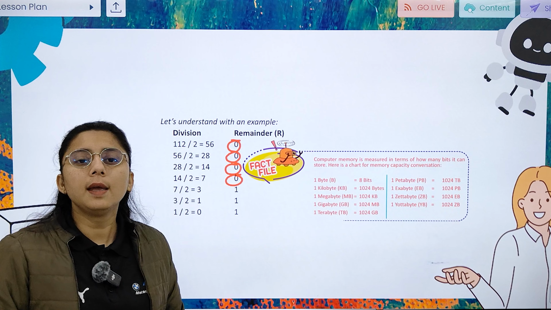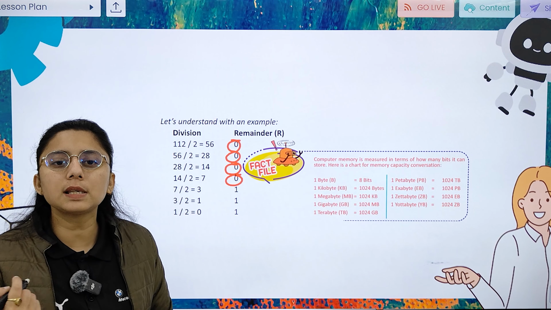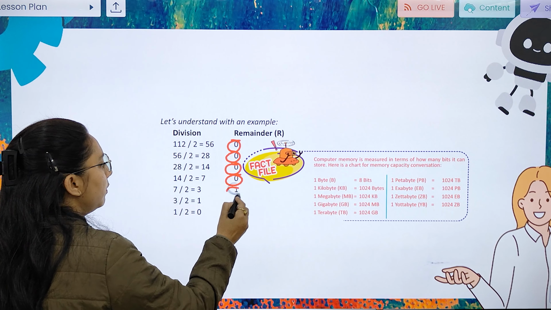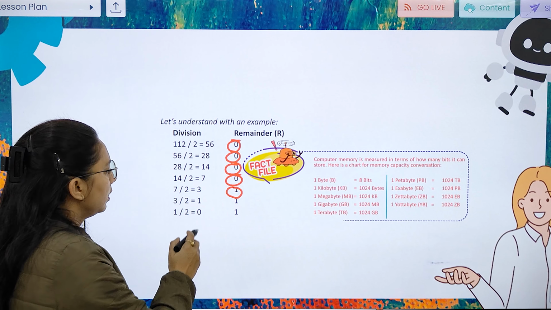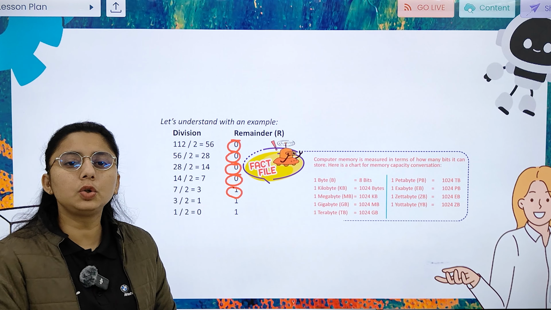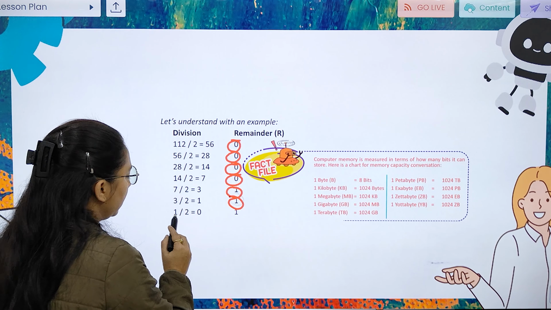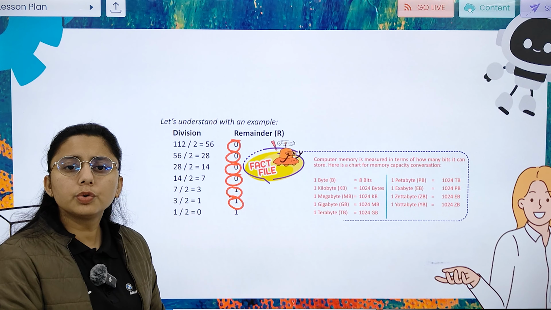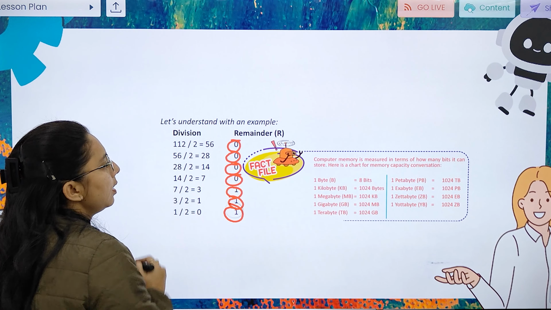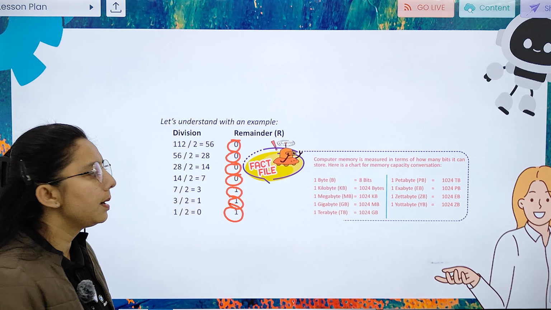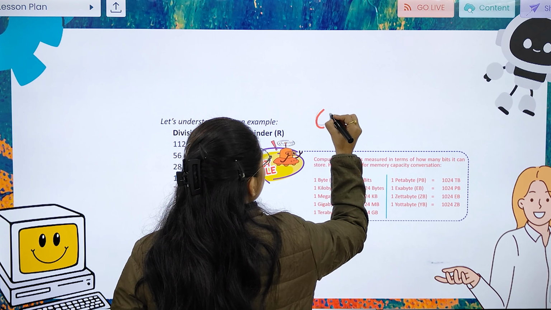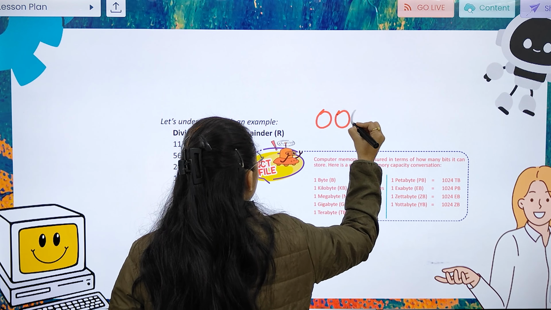But here now you see 7 divided by 2, 2 3s are 6, then the remainder will be 1. Here 2 1s are 2, remainder will be 1. 2 1s are 2, 0, remainder will be 1. So your binary number will be 0.